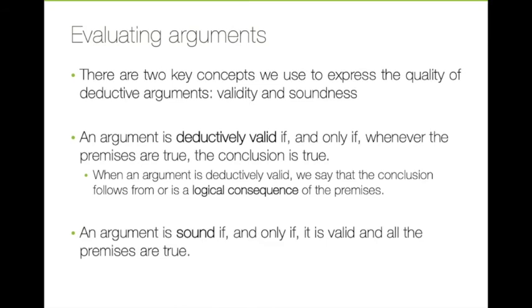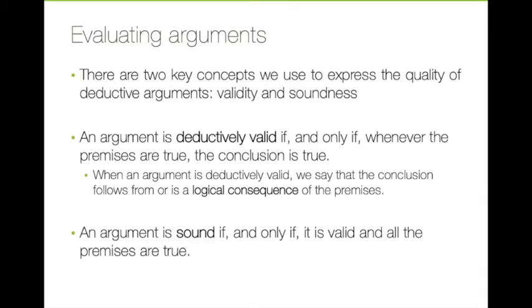So now we're going to introduce two key concepts we use to express the quality of deductive arguments: validity and soundness. An argument is deductively valid if and only if, whenever the premises are true, the conclusion is true. This definition should sound familiar from our definition of deductive arguments.